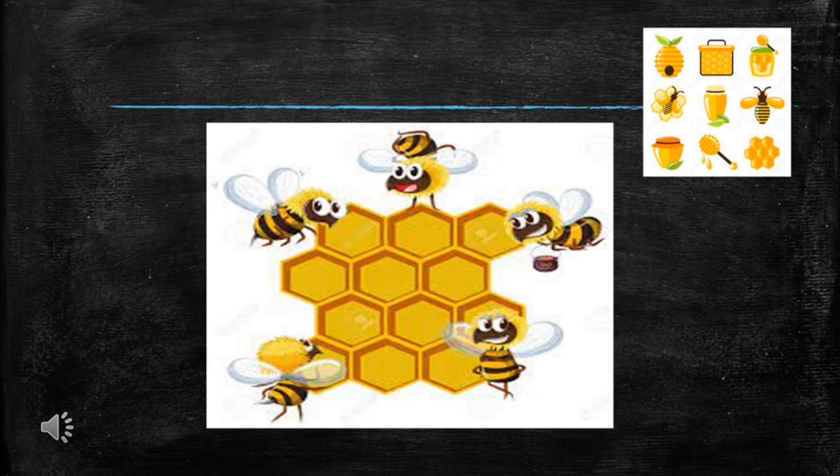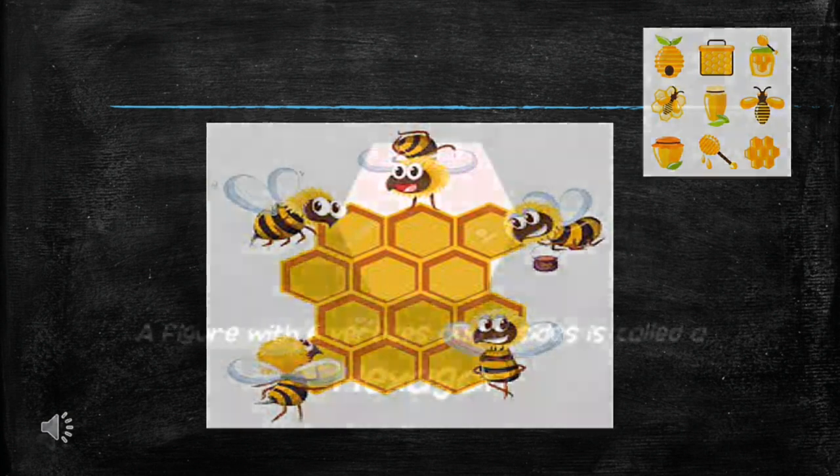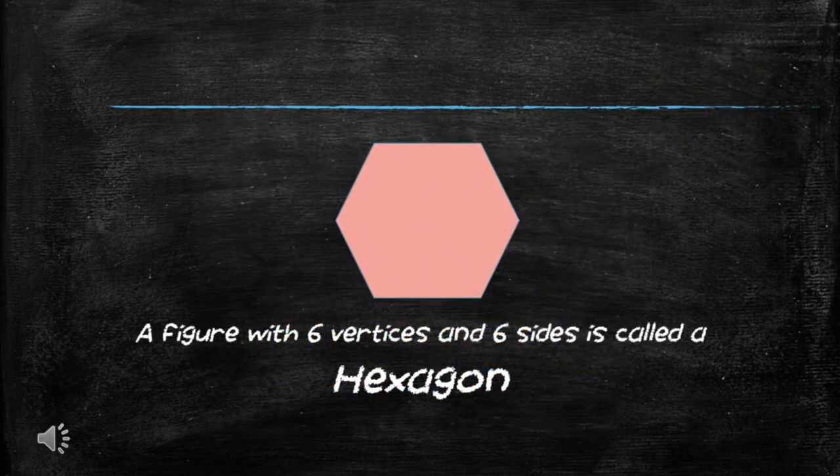What about the angles? Yes, each cell has six sides and six vertices. So, a figure with six vertices and six sides is called a hexagon.